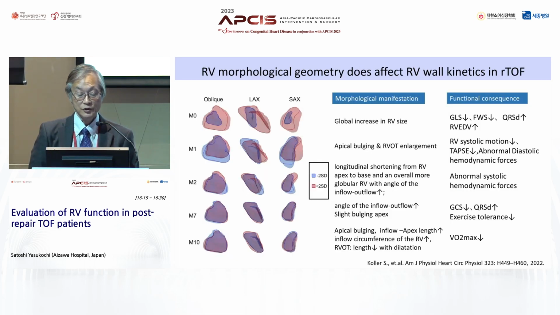An interesting paper was recently published. This paper says RV morphological geometry affects RV wall kinetics in post-repaired tetralogy of Fallot. They divided the RV shape into 5 groups.